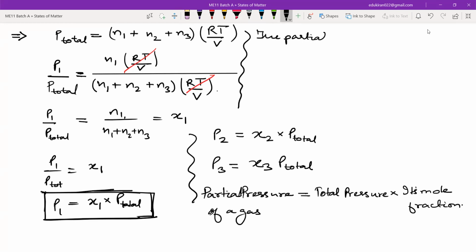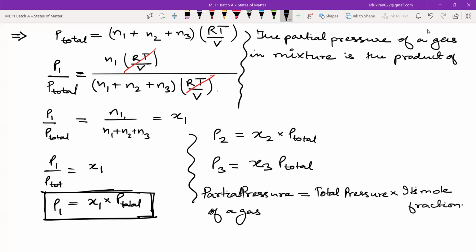The partial pressure of a gas in a mixture is the product of its mole fraction and total pressure.